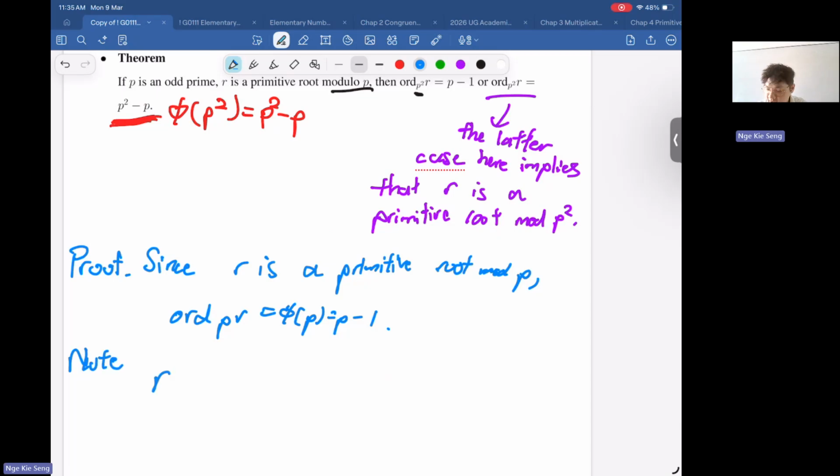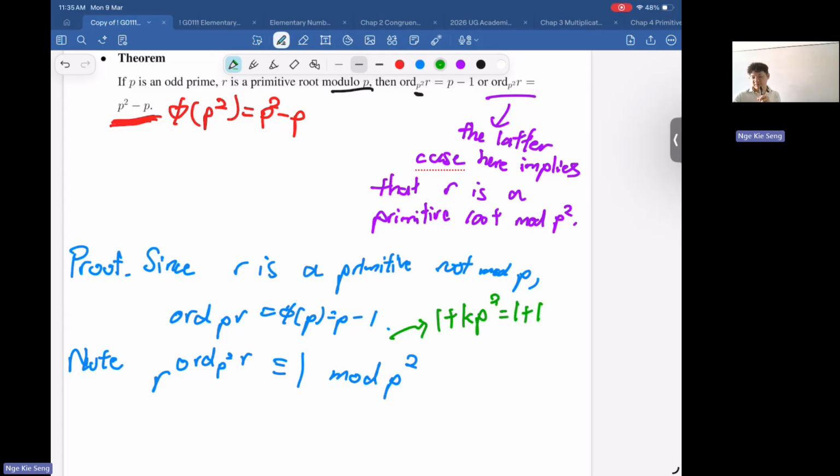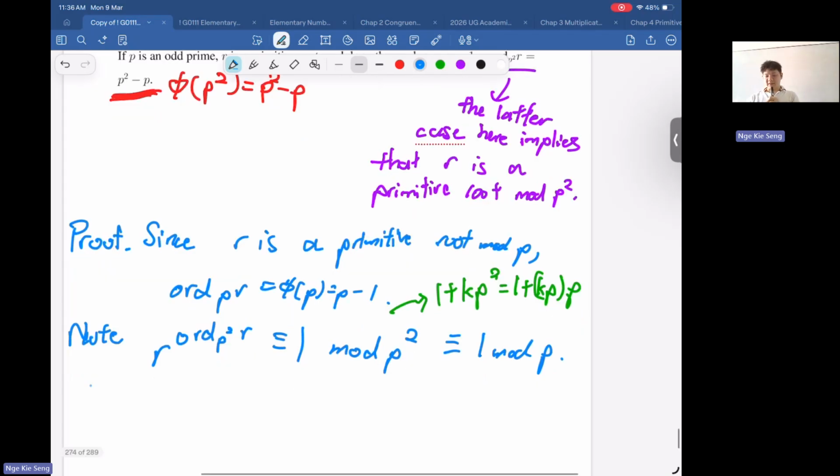Second, note that r to the order of r mod p square is congruent to 1 mod p squared. If you have 1 congruence mod p squared, what does this mean? It means you are actually 1 plus a multiple of p squared, but you can interpret this as k times p times p. So this is also 1 mod p. What does this mean?